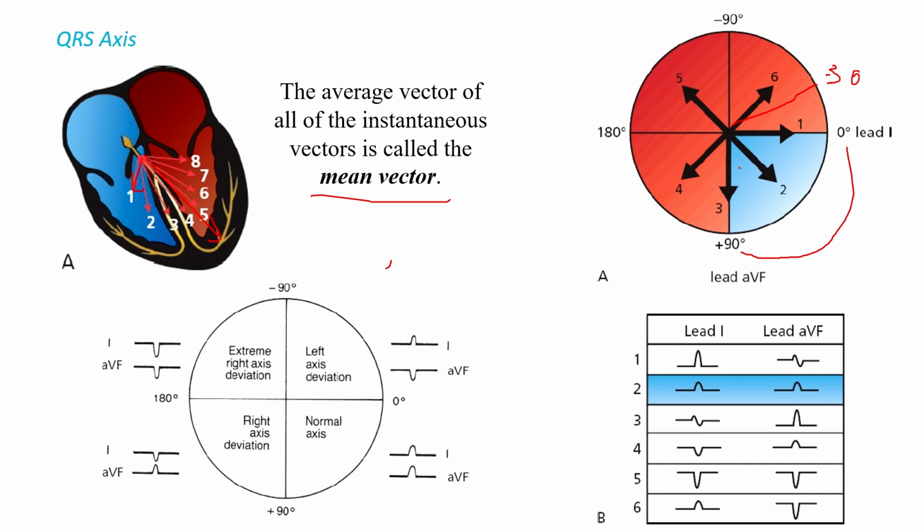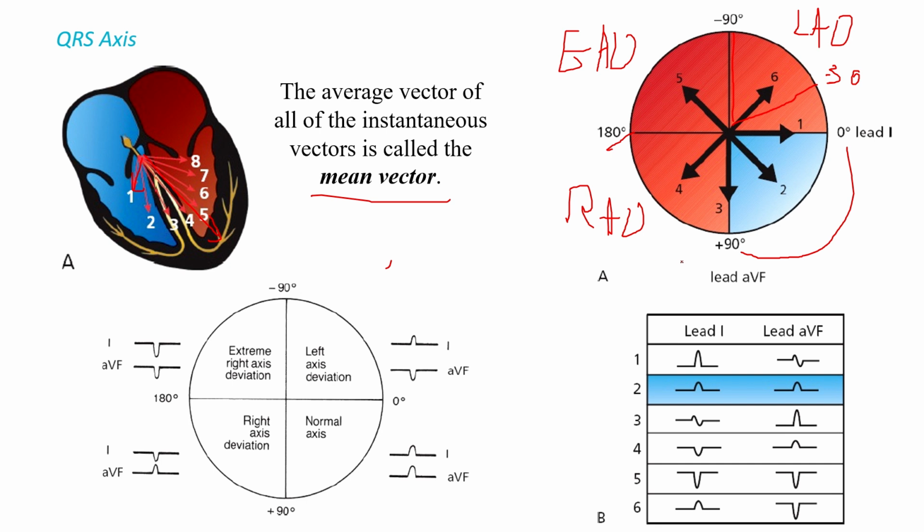So if the mean vector lies between 0 to plus 90 it is normal. If it goes to this side 0 to minus 90, we will call left axis deviation. If it comes to this side plus 90 to 180, we call it right axis deviation, and this one is extreme axis deviation, between 180 to minus 90.